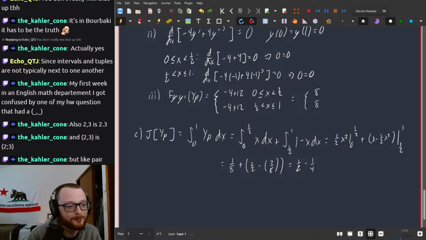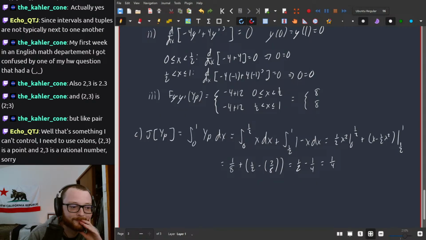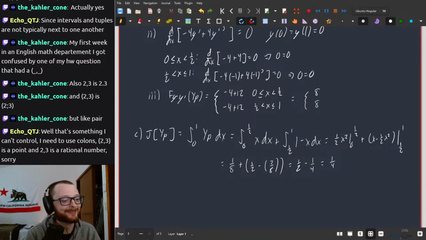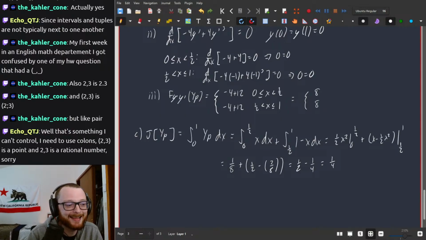Oh, as like a tuple? That's something you can't control. You need to use colons. 2,3 is a point, 2.3 is a rational number. Sorry. I do wonder where that difference came from. When did things get switched?